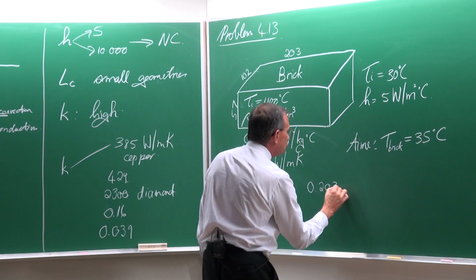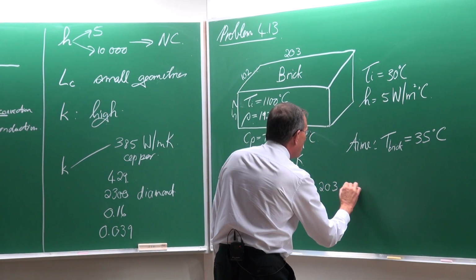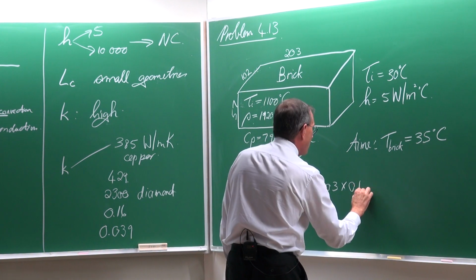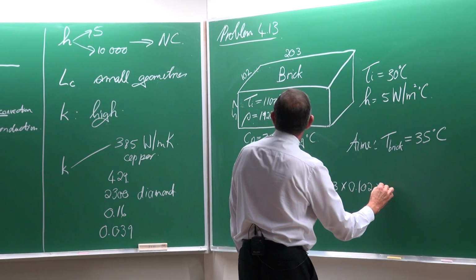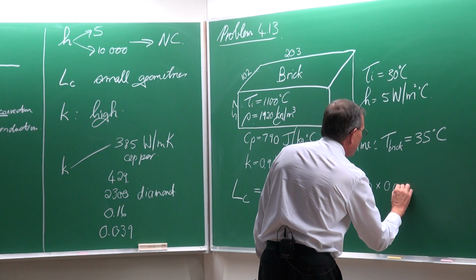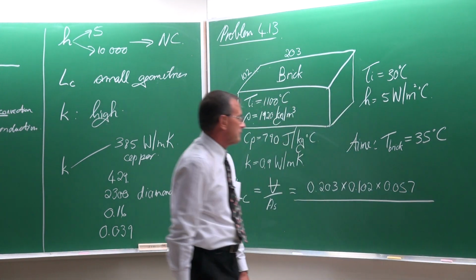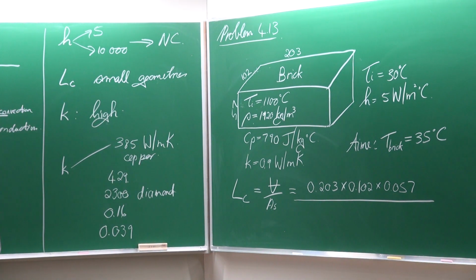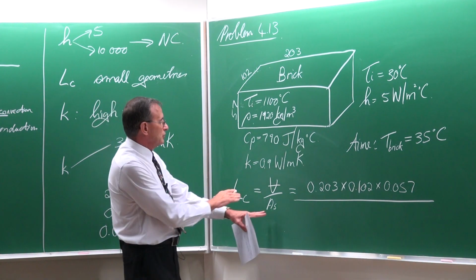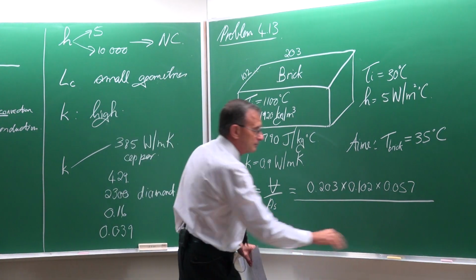It's 0.203 multiplied by 0.102 multiplied by 0.057. Okay? Then we have to divide it by the surface area.